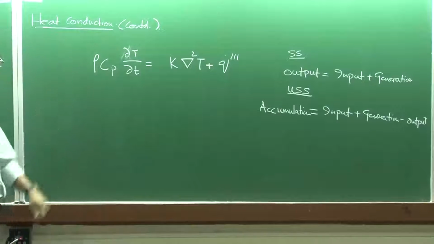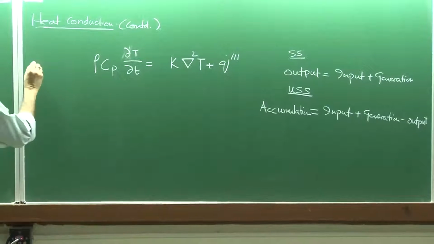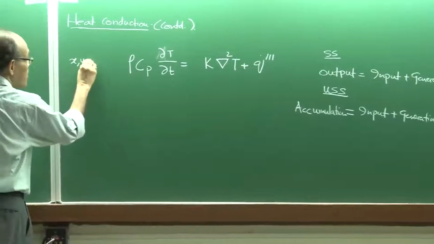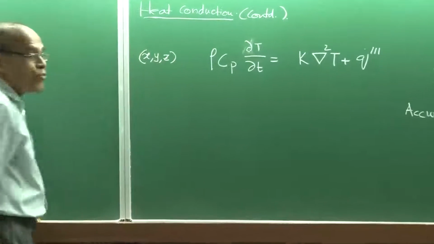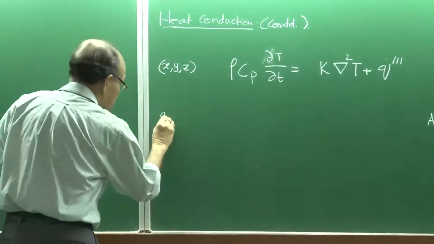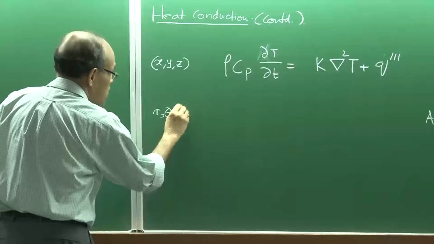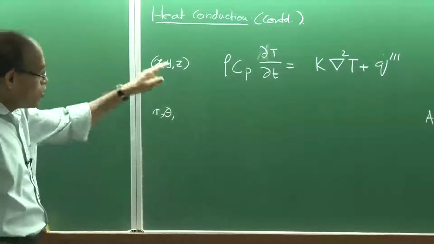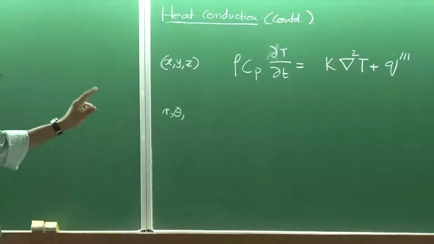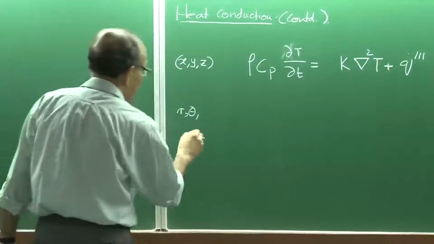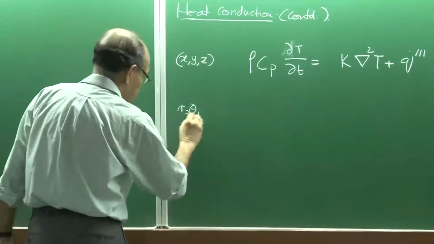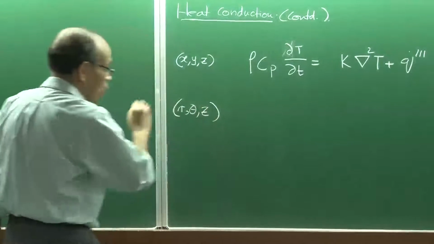Now, this was the equation in our XYZ or Cartesian coordinate system, and if I have to write the equation in the r theta z coordinate system, because these statements are going to be useful in expressions, that is why I want to write these equations for you, but they are available in textbooks and you can note them down.